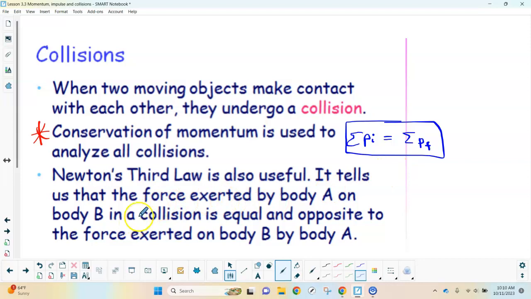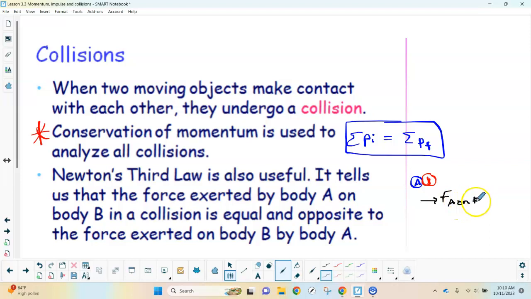It's also useful to think about Newton's third law, the action-reaction pair idea. Say we have object A running into object B. If we think about the action-reaction pair, there's a force of A on B, maybe going to the right.